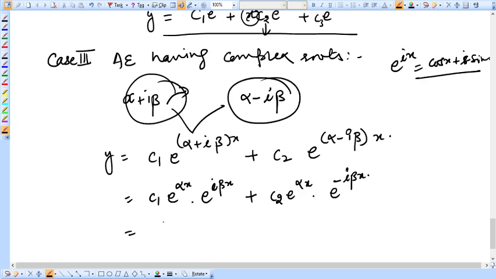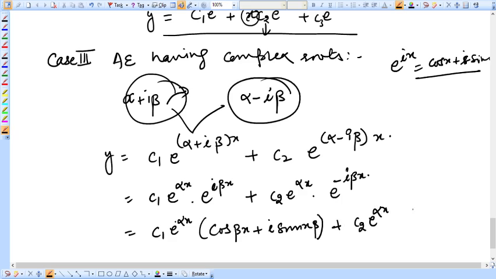So we can replace the exponential of iota beta x by cos beta x plus iota sin beta x, plus c2 e raised to power alpha x times cos beta x minus iota sin beta x.